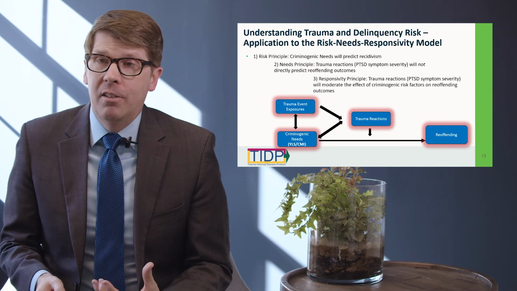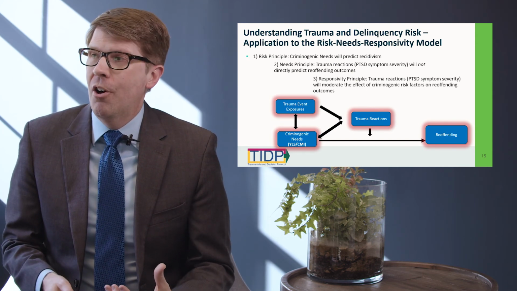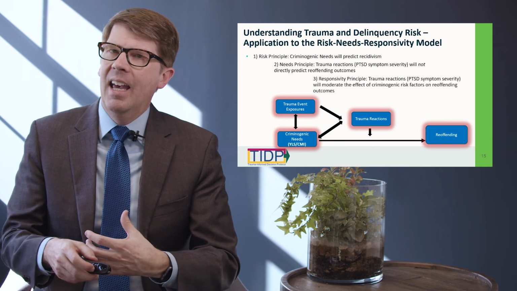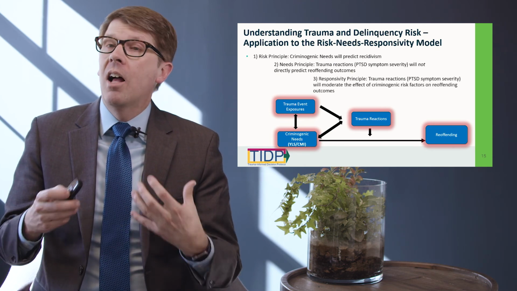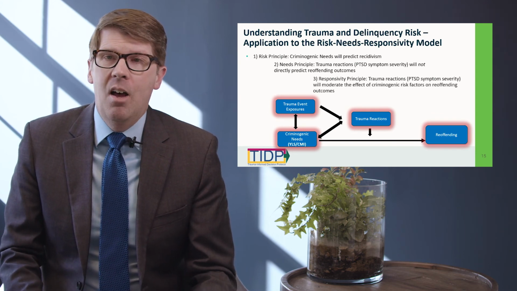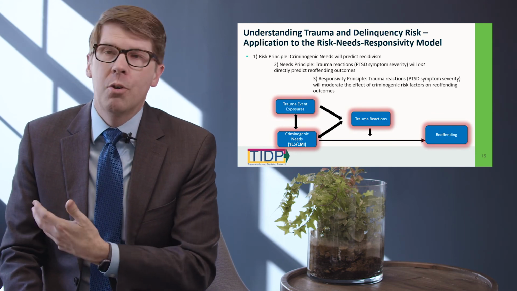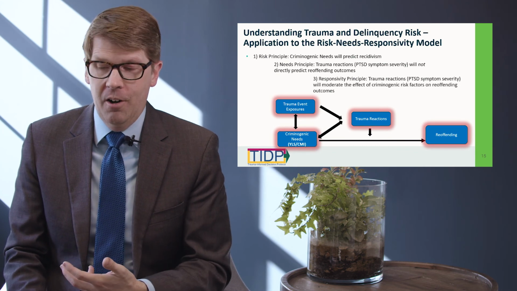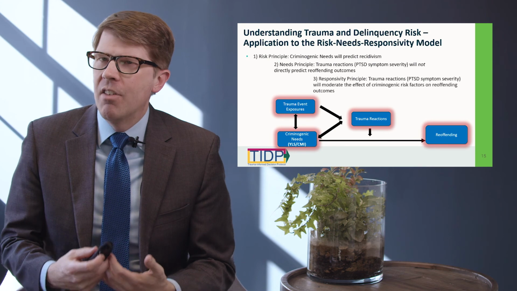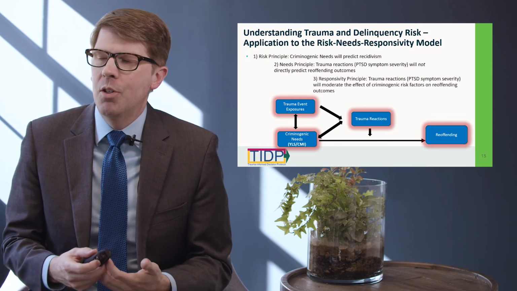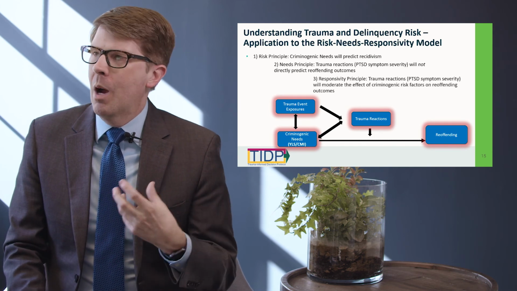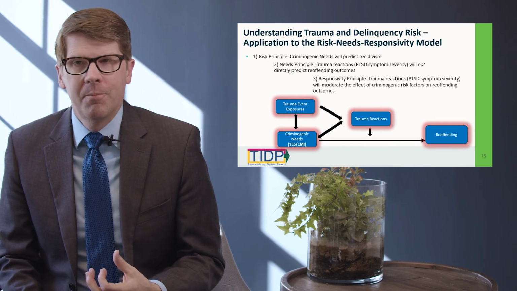The R&R model and some of the research that supports the R&R model would allow us to essentially unpack and acknowledge that all three of these different types of patterns or pathways into future offending behavior can occur. And it's with recognition of the complexity of the interactions between these variables that has led us to develop the trauma-informed decision protocol.